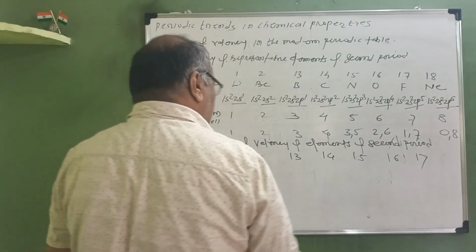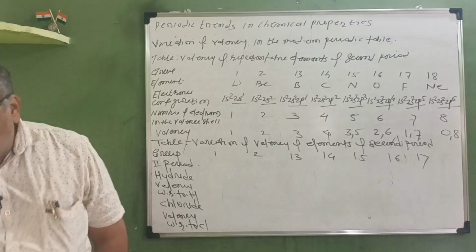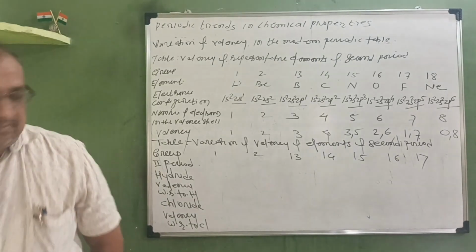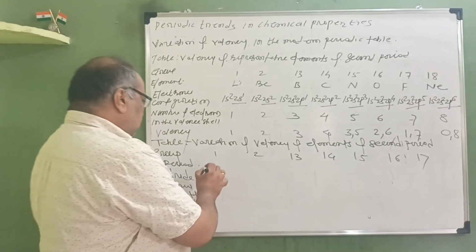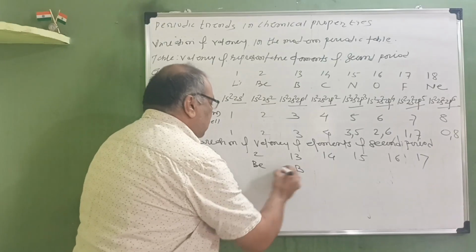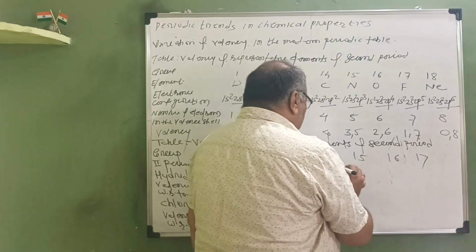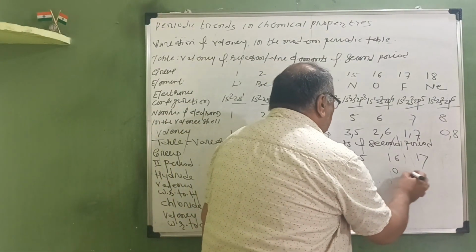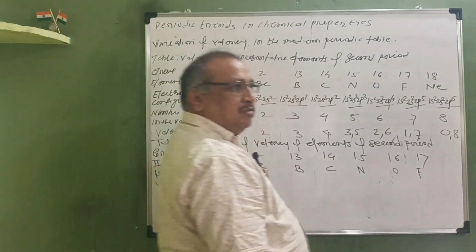That is lithium, beryllium, boron, carbon, nitrogen, oxygen, and fluorine.